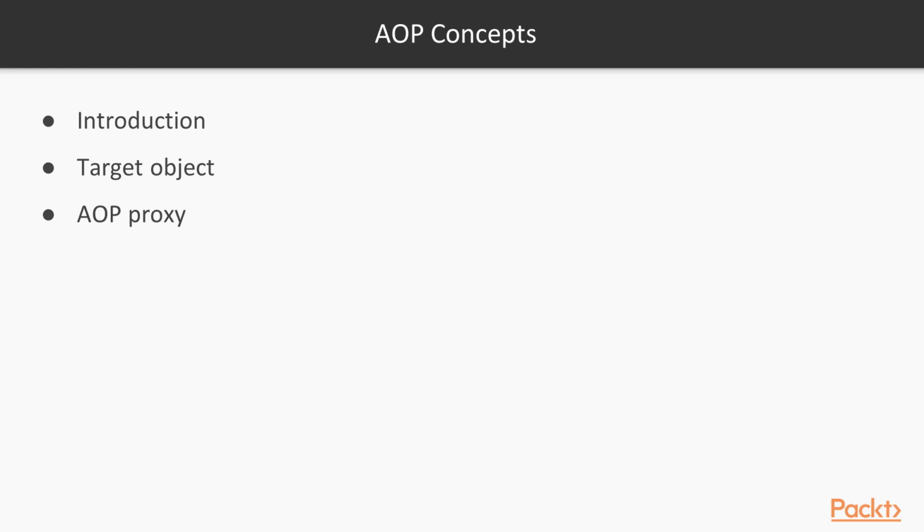And as soon as we already started talking about proxies, AOP proxy is one more concept of AOP, which is an object created by the AOP framework in order to implement the aspects contract. In Spring Framework, an AOP proxy will be implemented using JDK Dynamic Proxy or CGLib proxy.